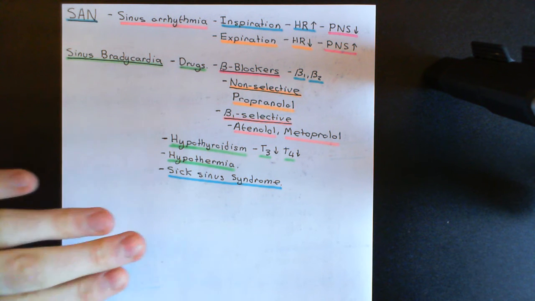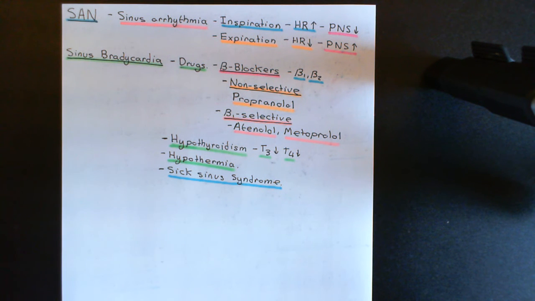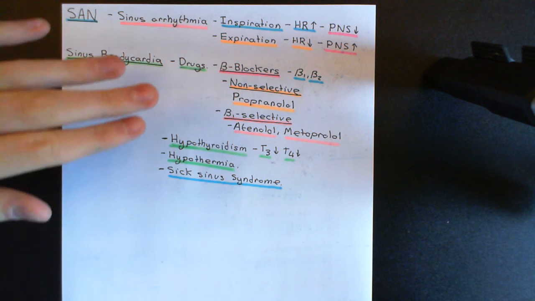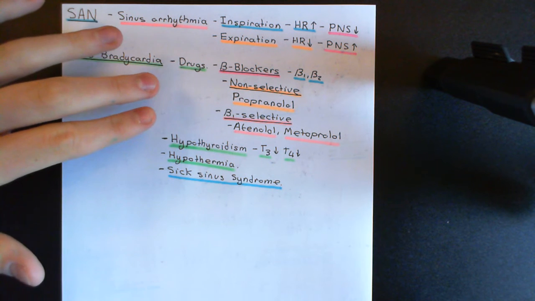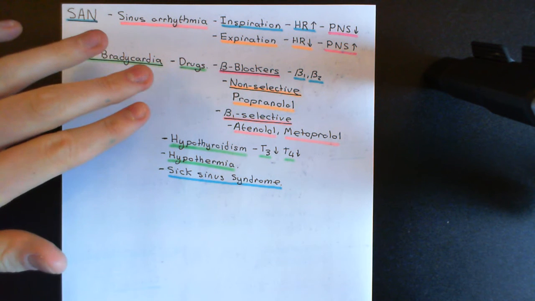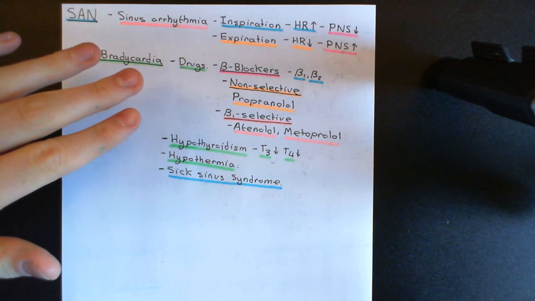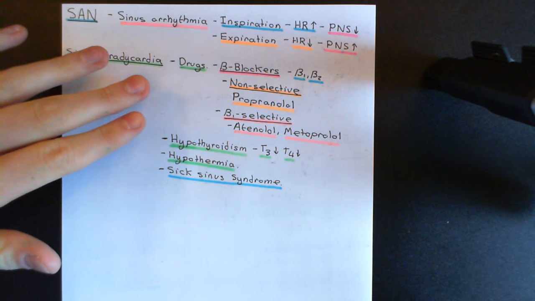So all of these things can result in the sinoatrial node firing action potentials at too low rates, and therefore can result in sinus bradycardia. Now, one of the ways that you can treat sinus bradycardia, and the first thing I should say with regards to treatment, is you would only treat this if it was symptomatic. Firstly, if the person was on a drug that was causing sinus bradycardia, then you would most likely just try and remove the drug and replace it with something else.